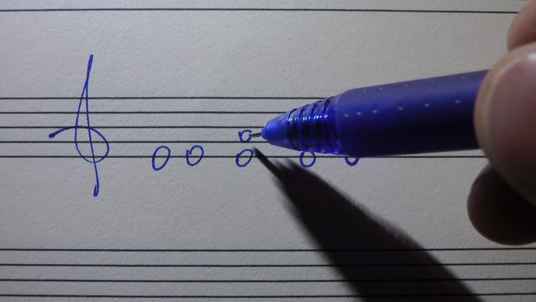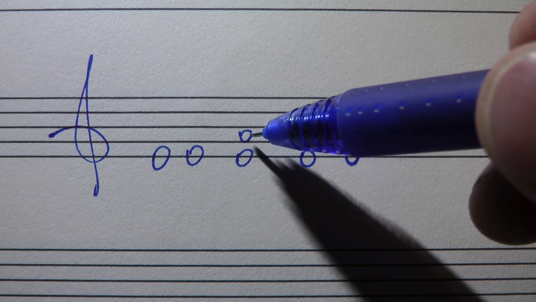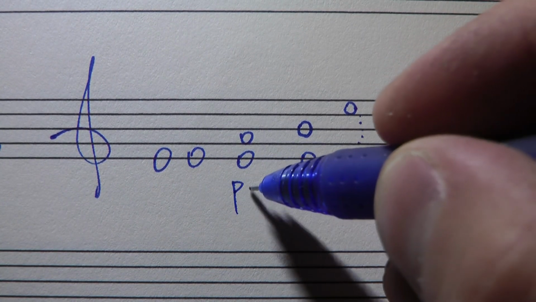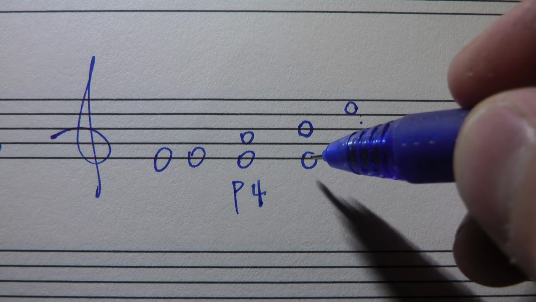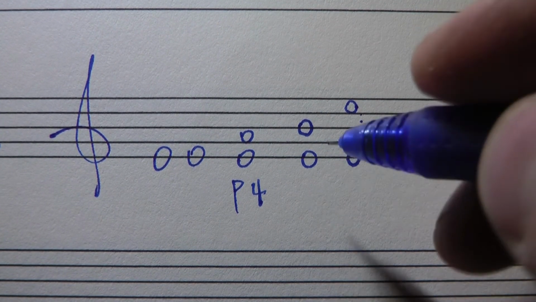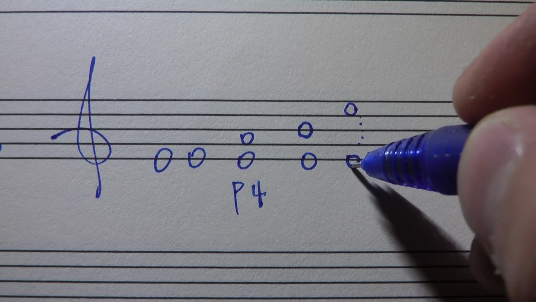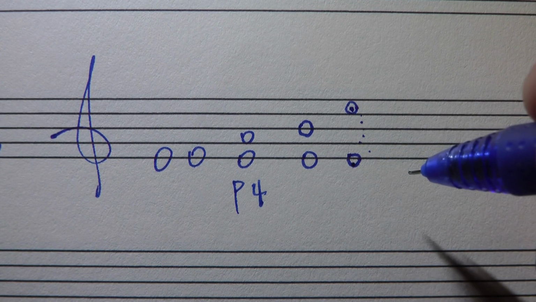Yes, because in the key of E, F, C, G, and D are sharp, A is natural. This interval is a perfect fourth. In the key of E, is B natural? Yes, so here's your perfect fifth. And in the key of E, is E natural? Yes, and here's your perfect octave.